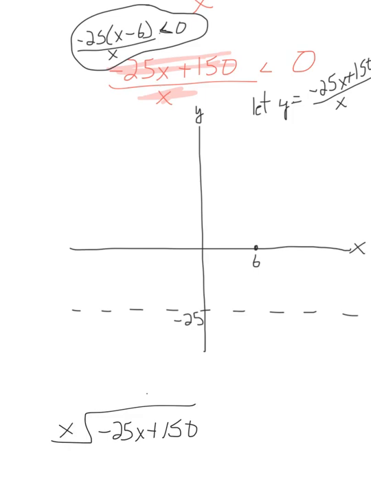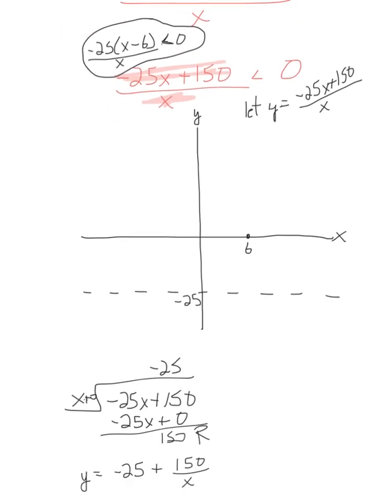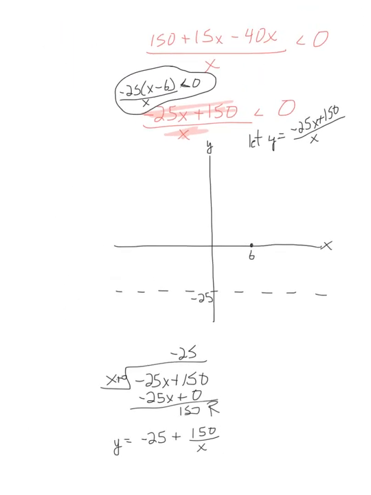Divided by x, you're going to get negative 25, negative 25x, this is x plus 0, by the way, so plus 0, with 150 remaining. So we could actually have written y equals negative 25 plus 150 over x.